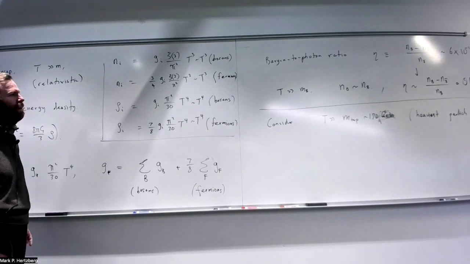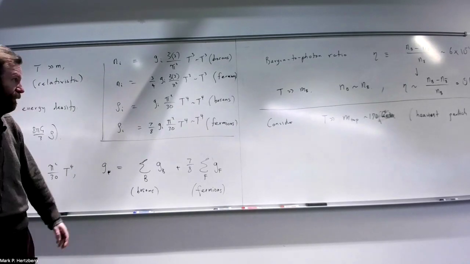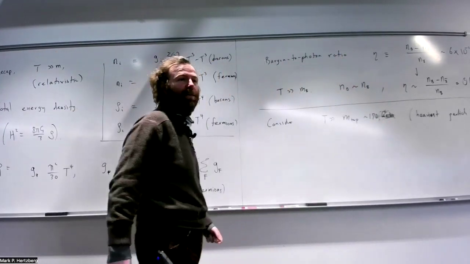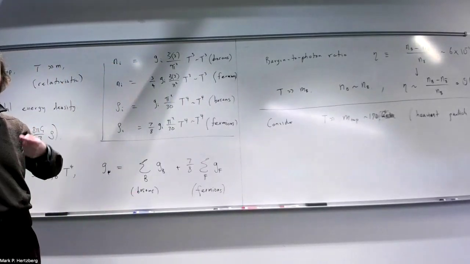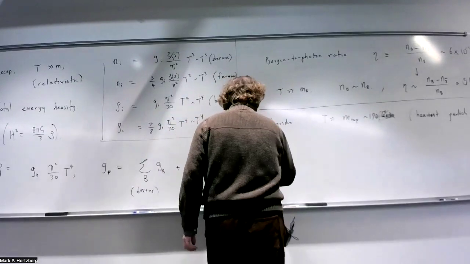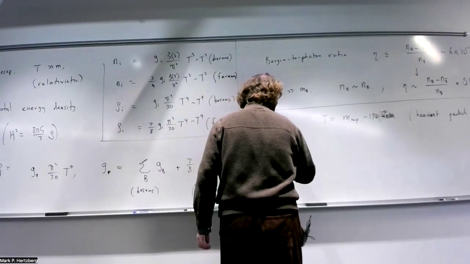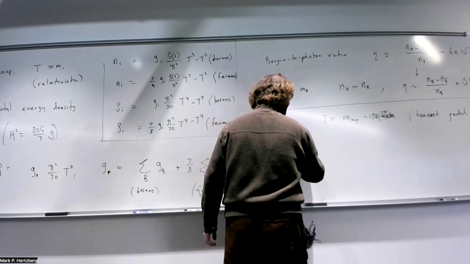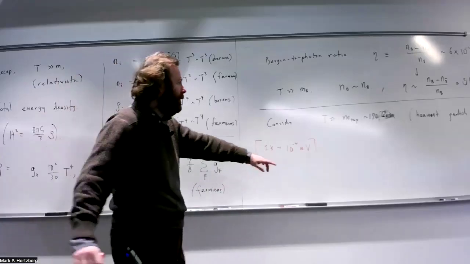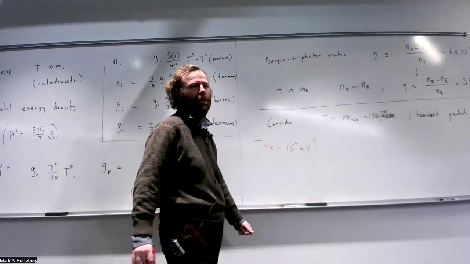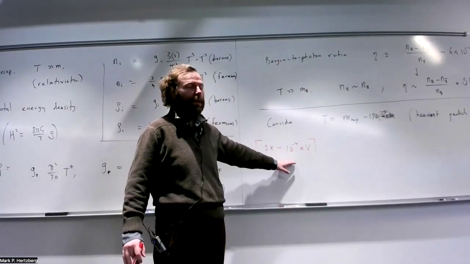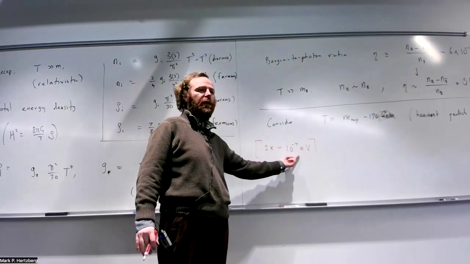By the way, just to put this in some perspective, because not everyone is used to talking about temperatures in GeV, let's emphasize the point once again. Always remember, a Kelvin is about 10 to the minus 4 eV. So if we're talking order 100 GeV, that's 10 to the 11 eV, so you're up by a factor of 10 to the 15.